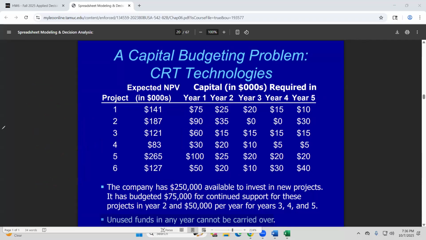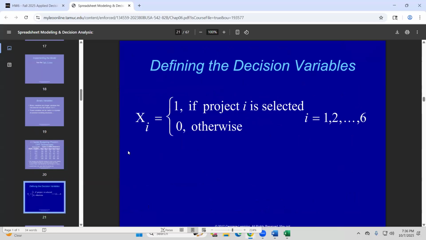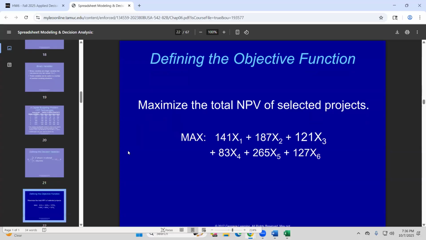All right. So here are my decision variables. I decide the xi's are 0 or 1, so they are binary. If I pick project i, its value is 1, otherwise it is 0. Now, this is my objective function. I want to maximize my total net present value. And my constraints are here, right?